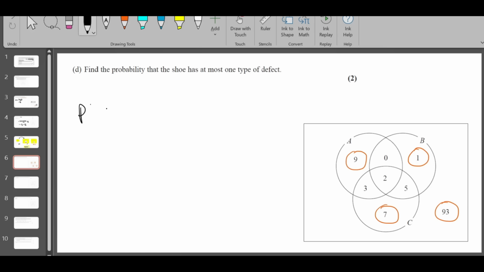So how do you write it? P of at most 1 is equal to 9 plus 1 plus 7 plus 93 over 120, which is 110 over 120, 11 over 12.